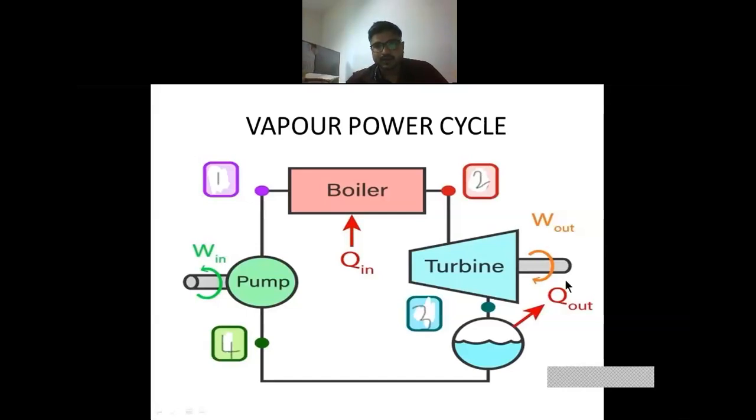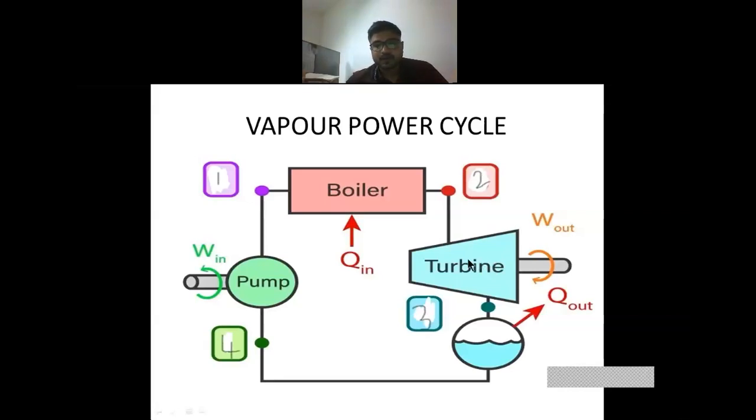So we all know that to generate electricity we need a generator. The generator is connected with the turbine. Clear? Whenever we rotate the shaft of the generator, electricity gets produced. But this shaft is connected with the turbine, so we also have to rotate the turbine.